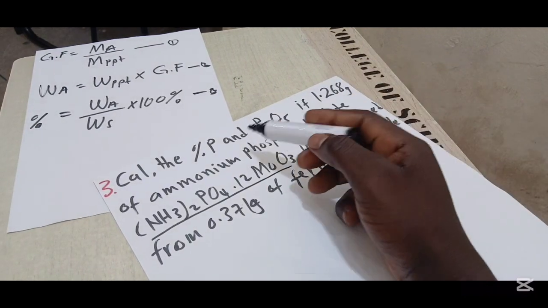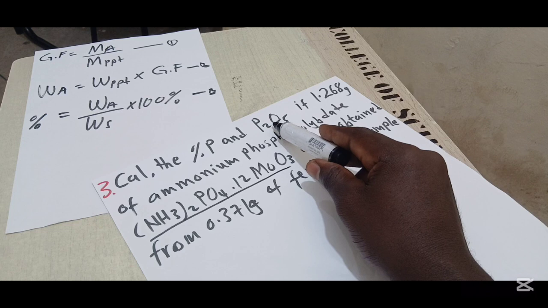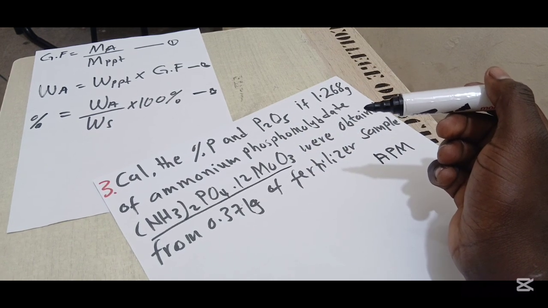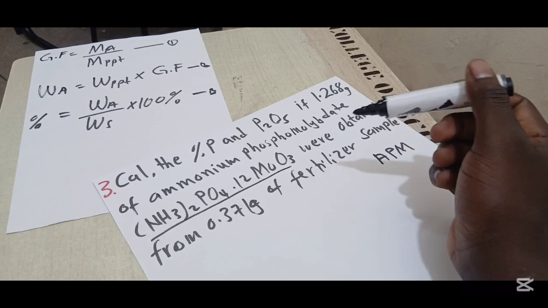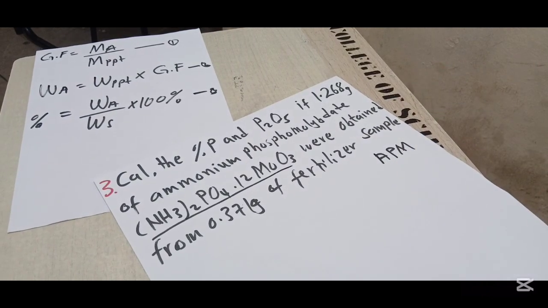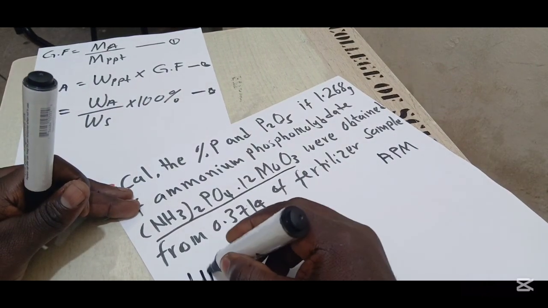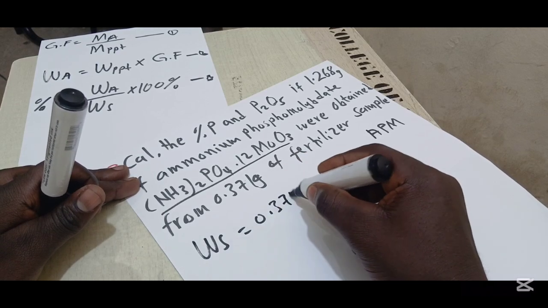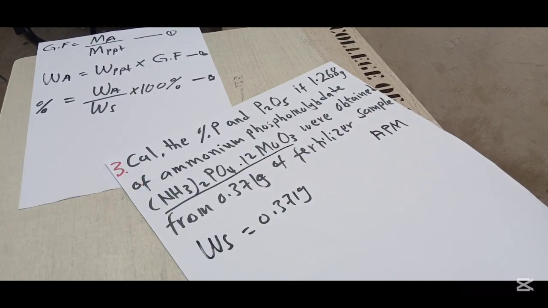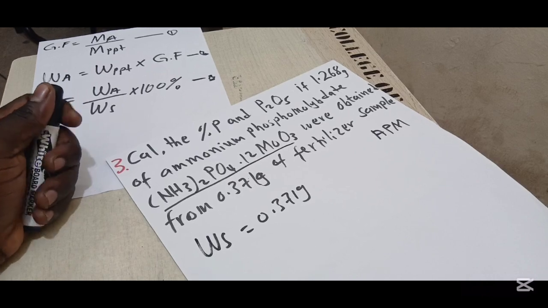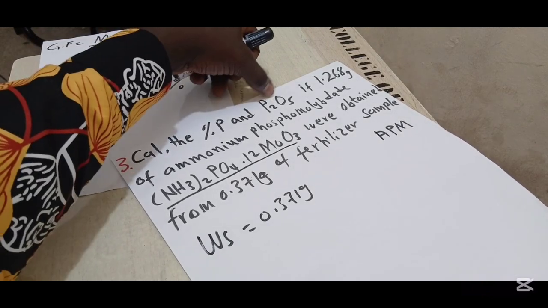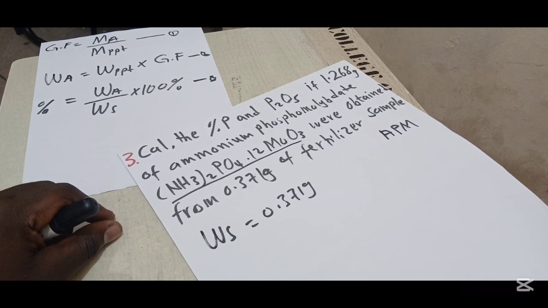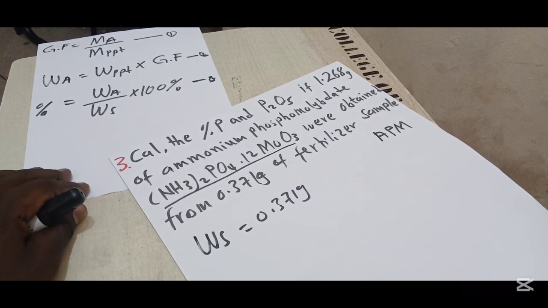Before we can calculate the percentage of P and the percentage of P2O5, we have to know their masses, their contributions in the sample. One thing we've been given here is the weight of our sample, which is 0.371 grams. What we don't know is the weight of P and the weight of P2O5. So let's go ahead and calculate the weight of those analytes.